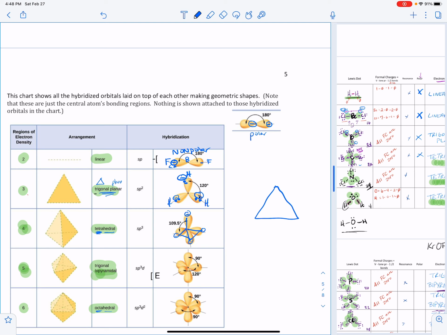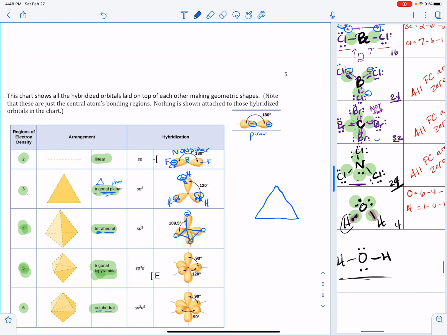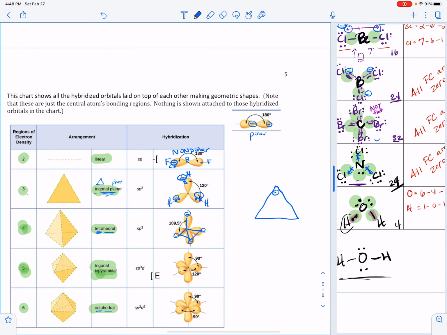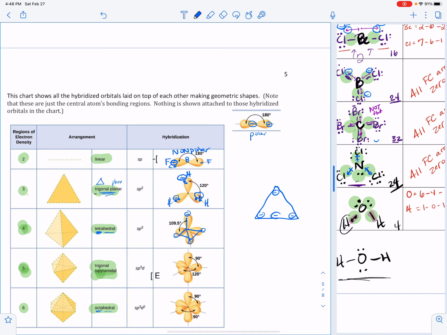That's the surface of our boat, like we're looking down at the boat. If we do our bonds, they are going out towards the chlorine. So there's a negative here and a negative here and a negative here. That would be balanced, except that we have a lone pair also over here. So now you can see it's unbalanced again. This would be an example of something that's polar.